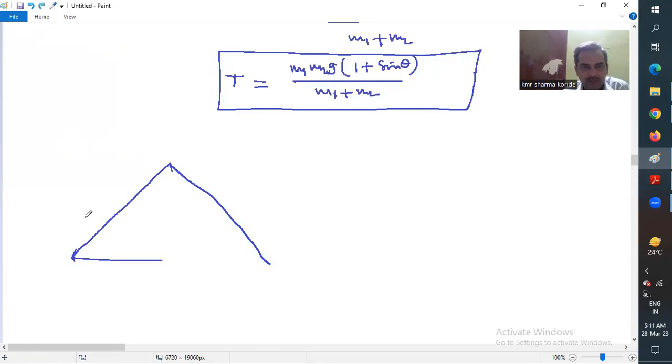So here is the block of mass m1. Now let us not say theta 1 and theta 2 are equal, because this inclined plane with horizontal and this inclined plane with horizontal may be different. Thetas may be different. You continue to have theta 1 and theta 2. So therefore, this is of mass m2.